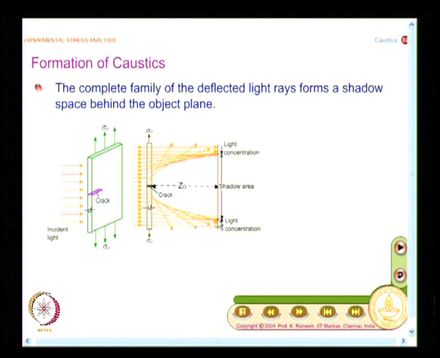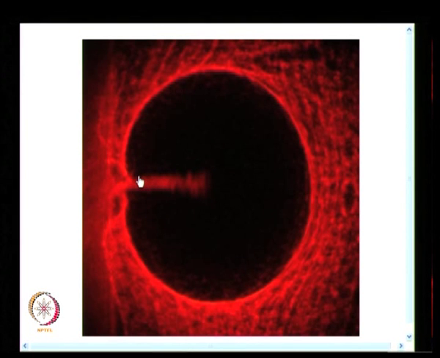Someone identifies the physics behind it and the idea is initiated, then people carry on and many scientists contribute to it. What we saw in the last class was that at the tip of a crack you have a nice caustic shadow, and we explained how this shadow is formed.